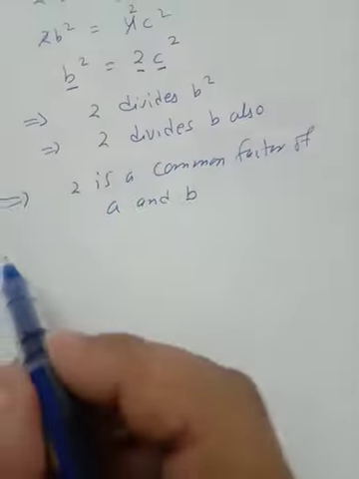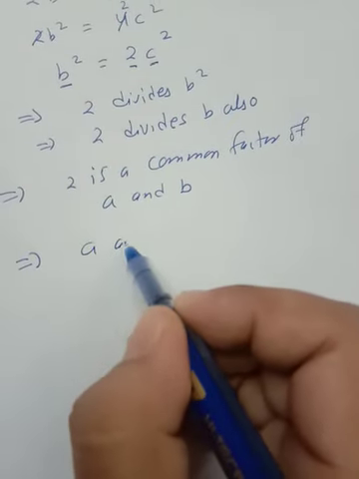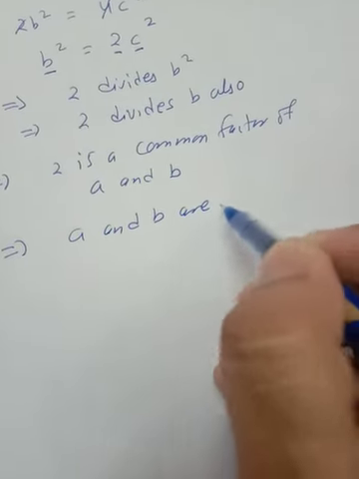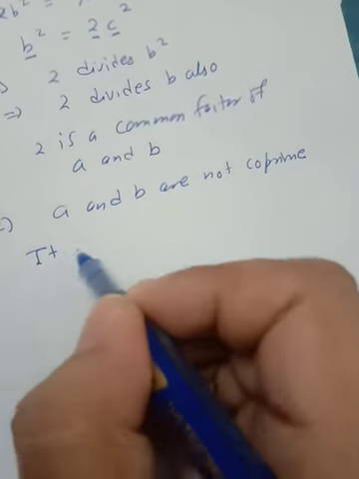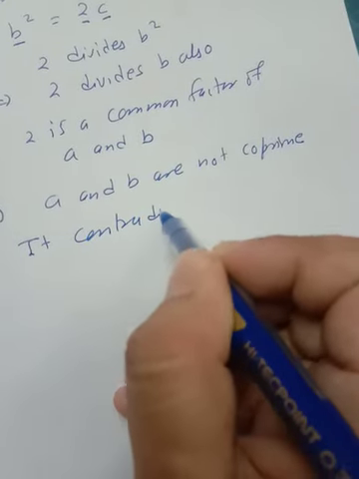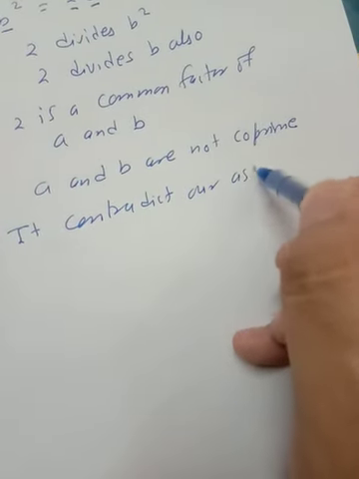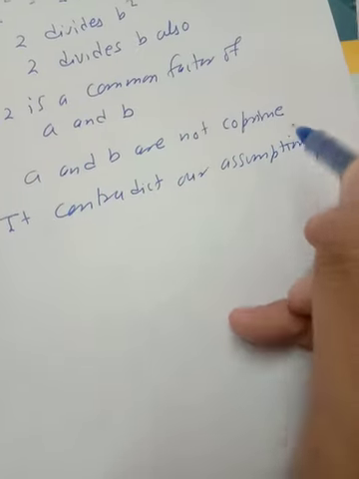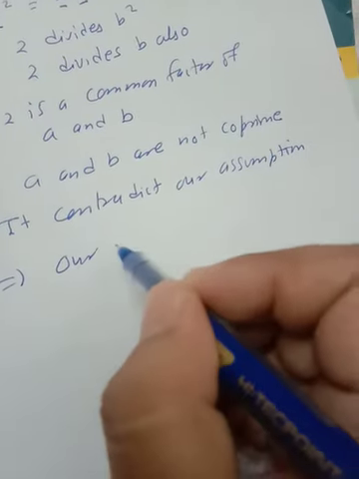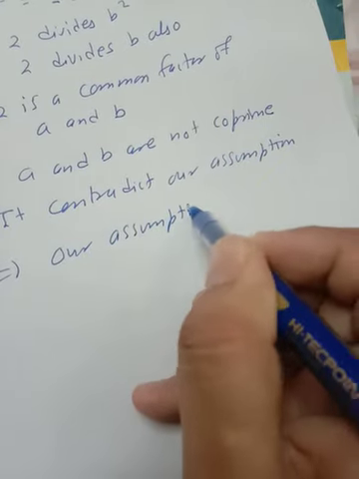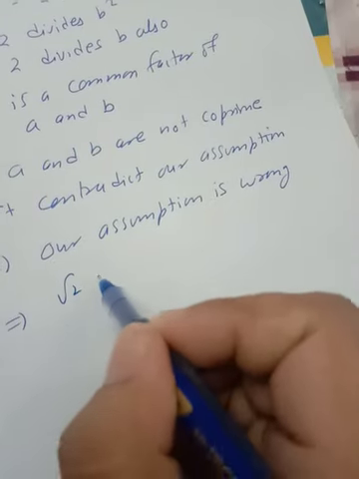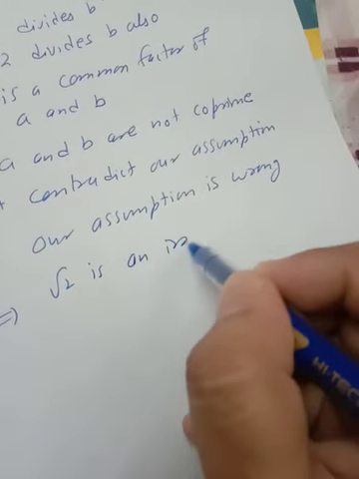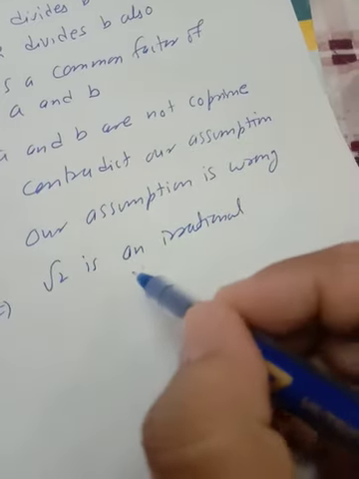So if 2 is a common factor of a and b, it means a and b are not coprime. So it contradicts our assumption. It means our assumption is wrong. It means root 2 is an irrational number.